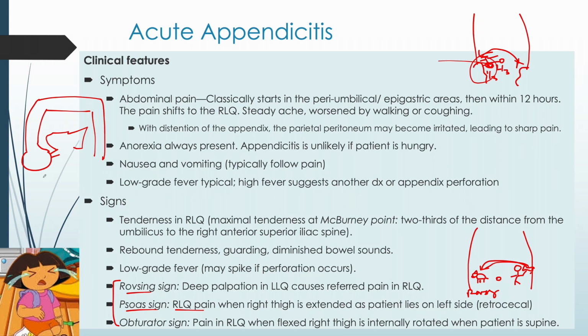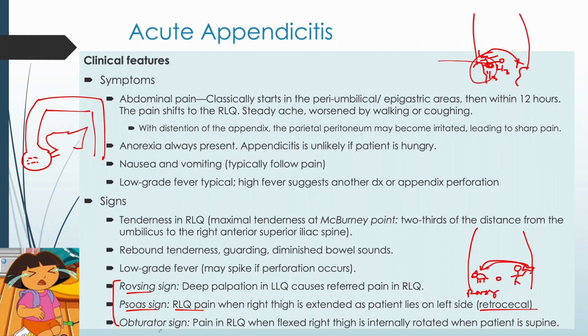There are many different orientations of the appendix, but one of which is retrocecal, so behind the cecum. Those can be more challenging because the appendix doesn't touch the anterior abdomen. It goes posteriorly. So these patients can sometimes present a little less classically. Anyways, you can do a psoas test to help you determine retrocecal appendicitis.